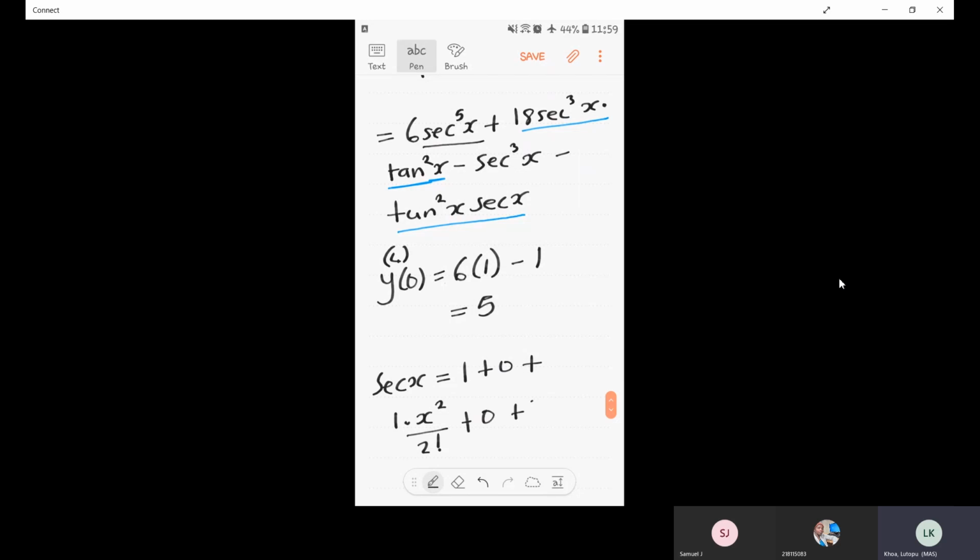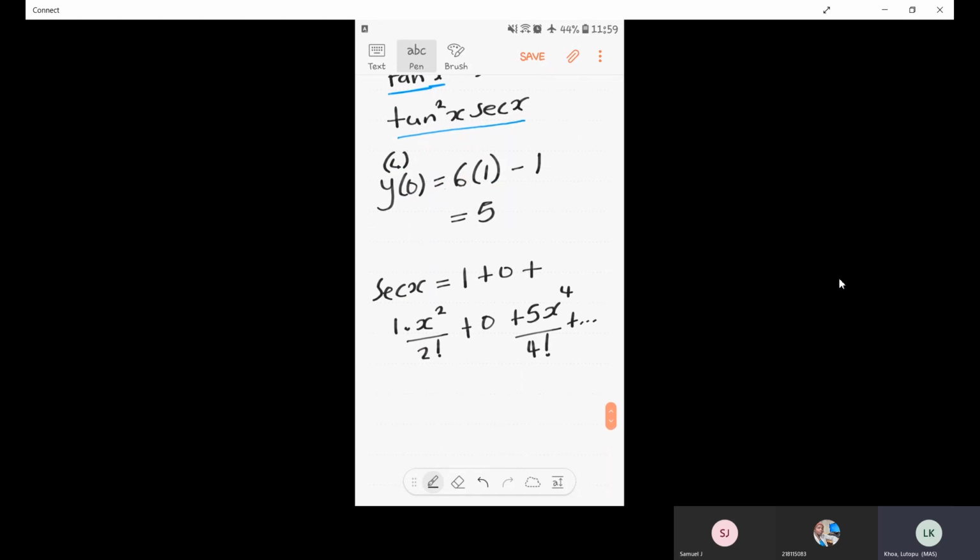And then the last one, I had 5x to the power of 4 divided by 4 factorial, and then I put the dots there to show that it continues. So this is equal to 1 plus x squared over 2 factorial plus 5x to the power of 4 over 4 factorial, and it continues in this manner.